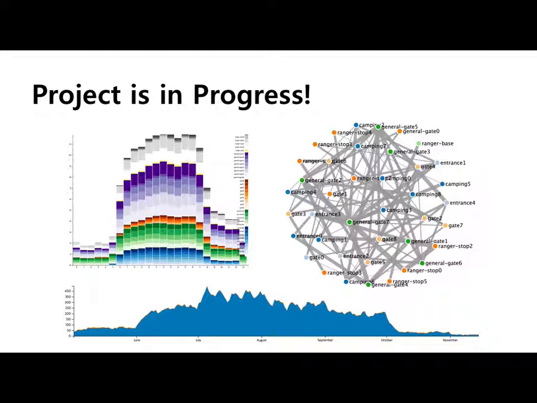These are two bar charts varying by time and months. And this graph is a very interactive graph, where the vertex denotes an entrance or check-in site, and the edge denotes the link between two vertices.